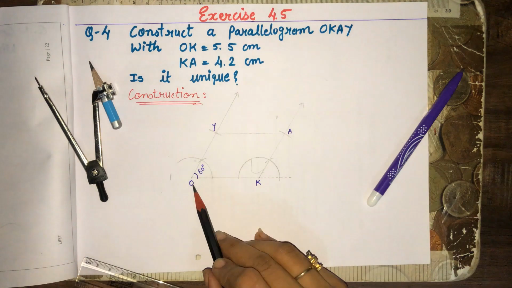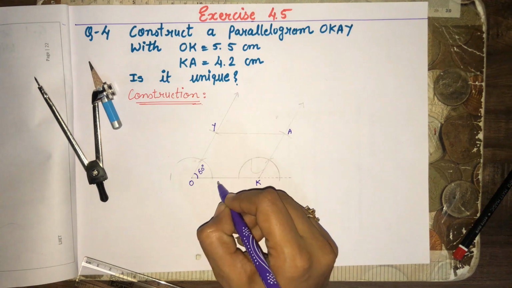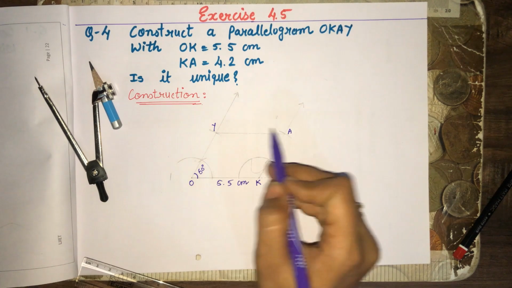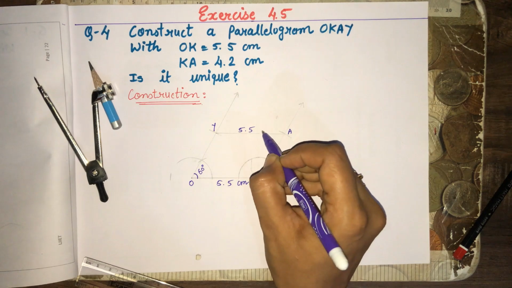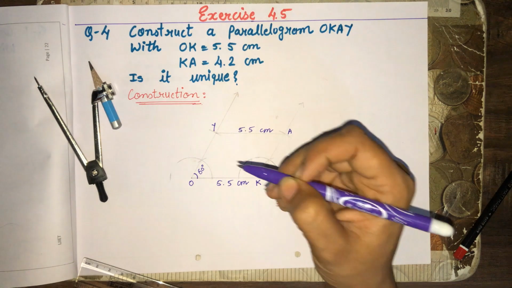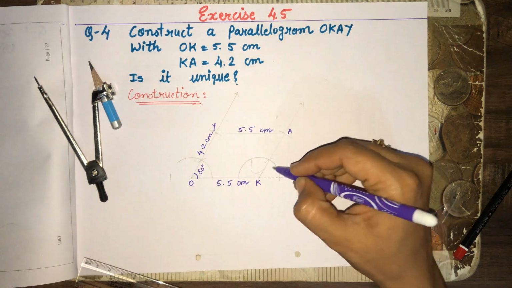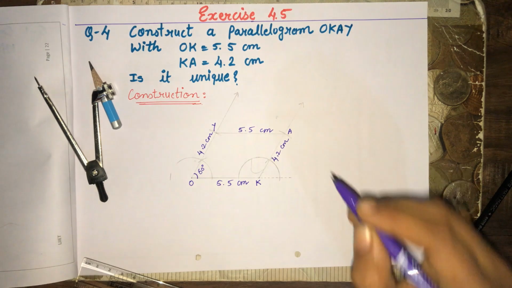So this is the required parallelogram OKAY, where OK is 5.5 centimeter, YA is the opposite side, so this will also be 5.5 centimeter, OY will be 4.2 centimeter, and the same KA will also be 4.2 centimeter.